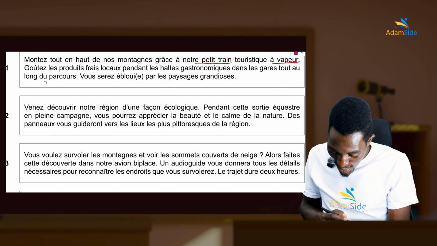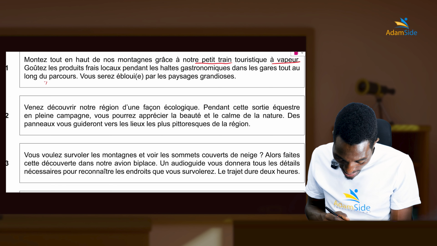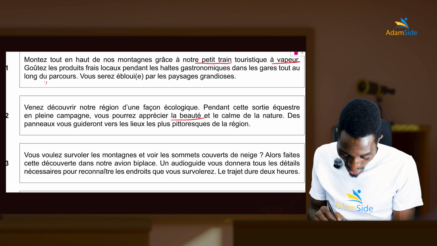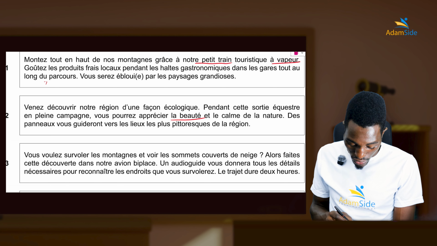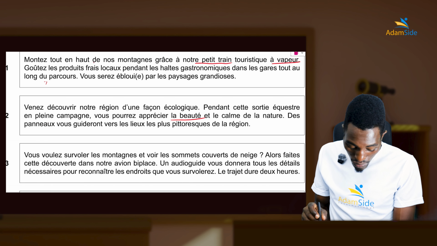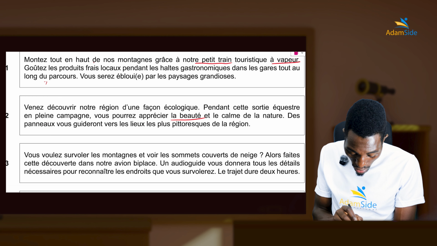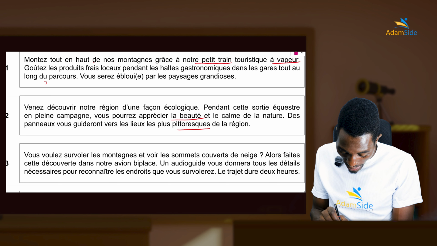So, pendant cette sortie écologique en pleine campagne, vous pourrez apprécier la beauté. So, he needs also la beauté. C'est la beauté du paysage. So, le calme de la nature. Yes, correct. Des panneaux vous guideront vers les lieux les plus pittoresques. Pittoresque.